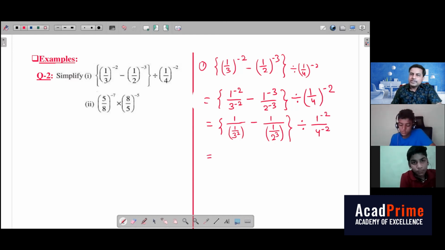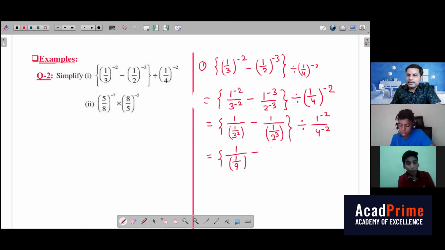Now this first one, 1 divided by 1 upon 3 square, is your 9.